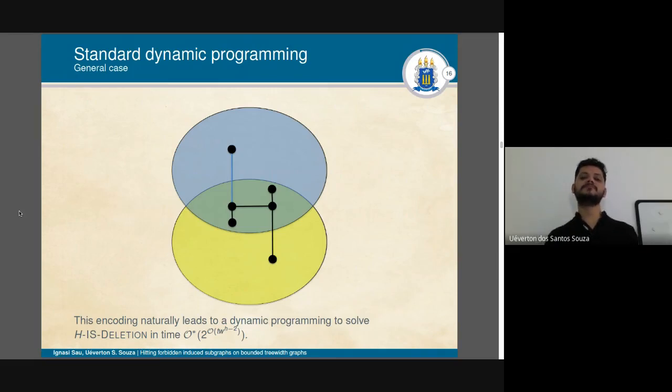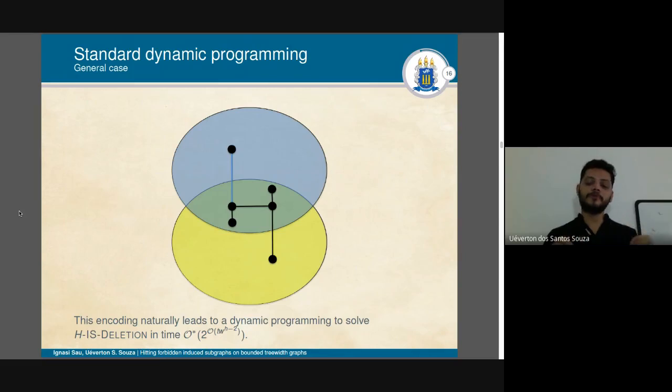This implies that we don't need to index the table with pieces of size h minus 1, because pieces of size h minus 1 would be important only to check the existence of a copy of size h inside the bag, and in that case we can perform a local check.